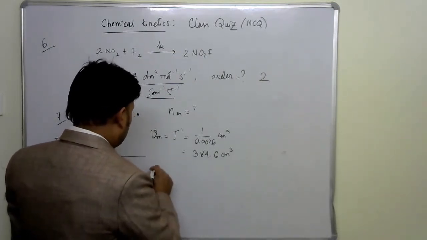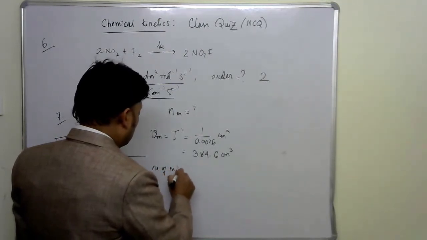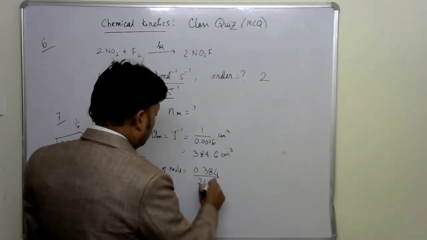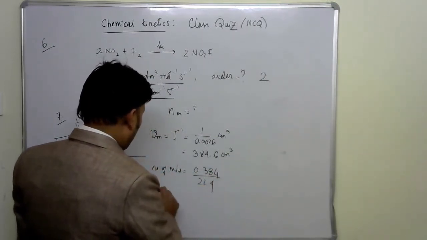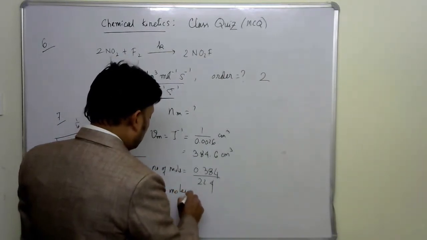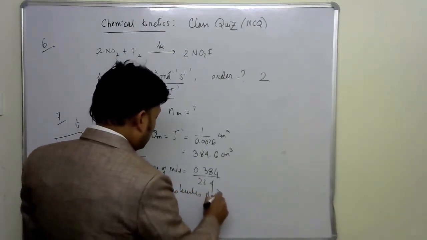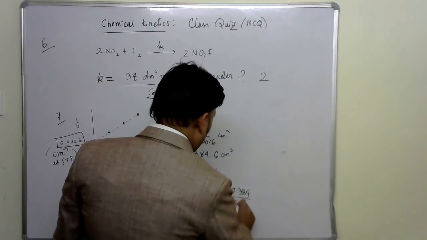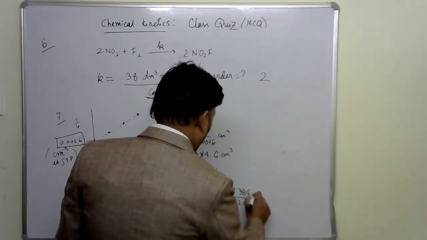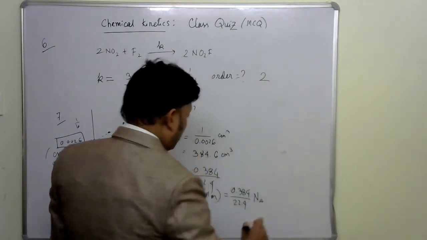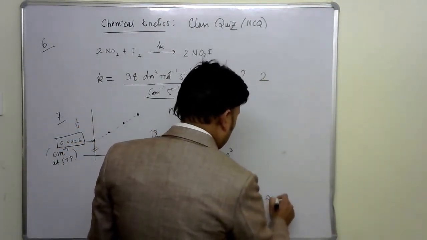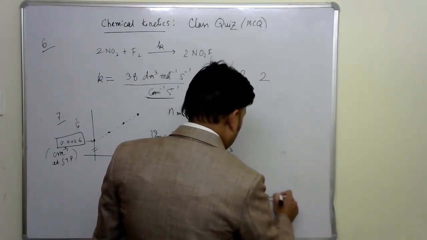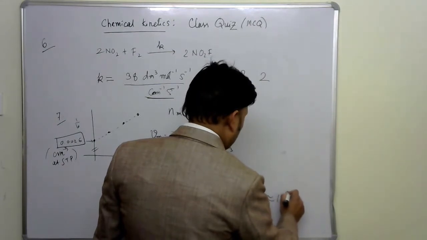So the number of moles is equal to 0.384 liter divided by 22.4, and therefore the number of molecules required to have a monolayer coverage, that means essentially Nm, is equal to 0.384 divided by 22.4 multiplied by the Avogadro's number, and this number would come to something like 10 to the power 22.